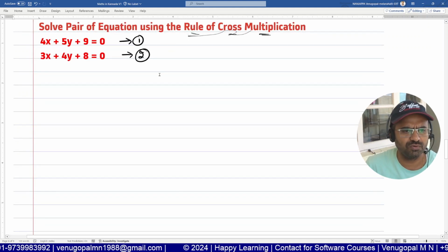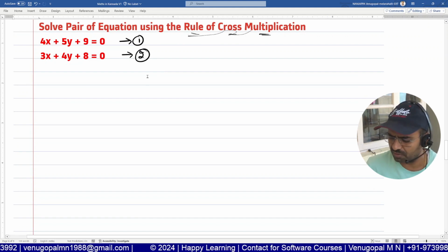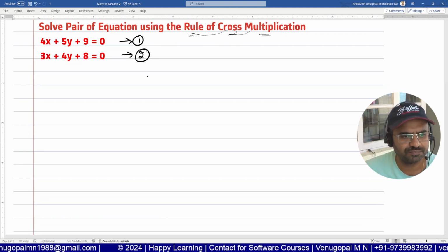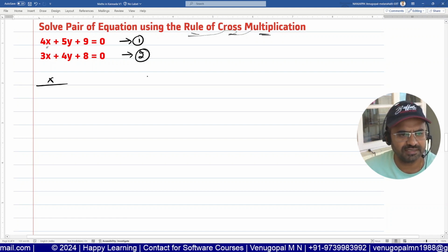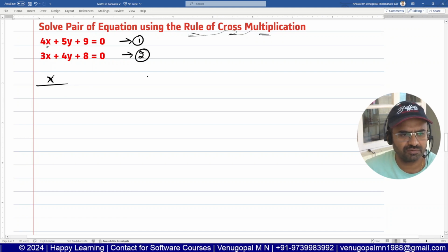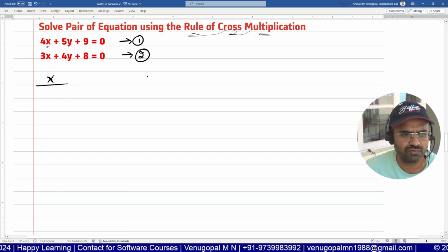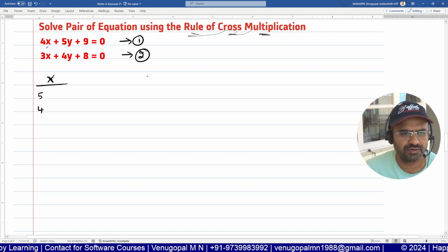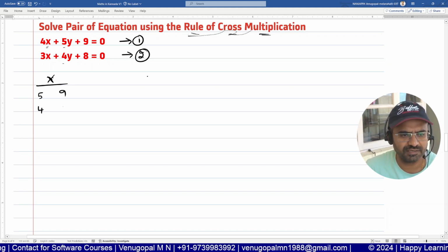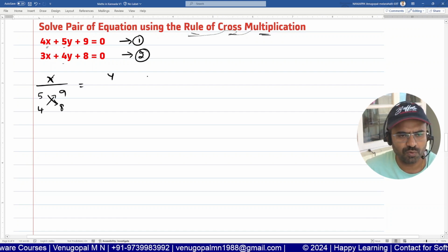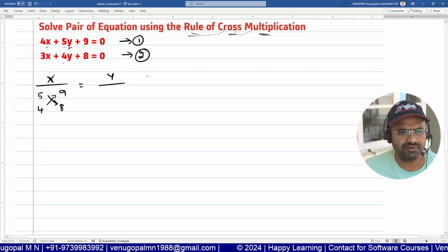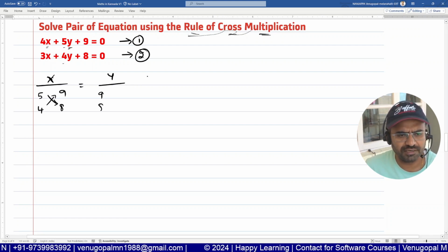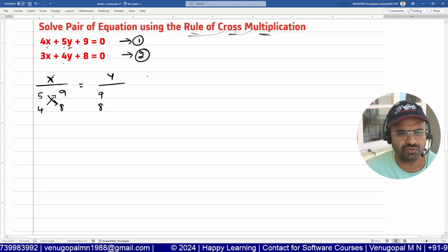Now we write down the formula. For x, we form the coefficients: x divided by 5 4, and 9 8. Then we multiply like this, equal to y divided by 9 8, the constant values, and then 4 3.